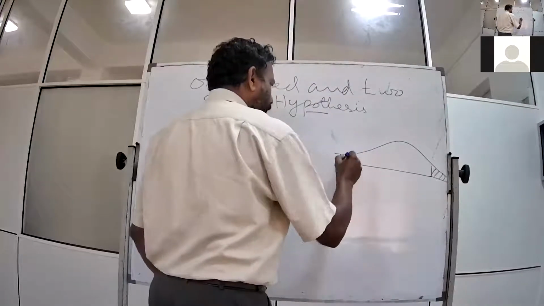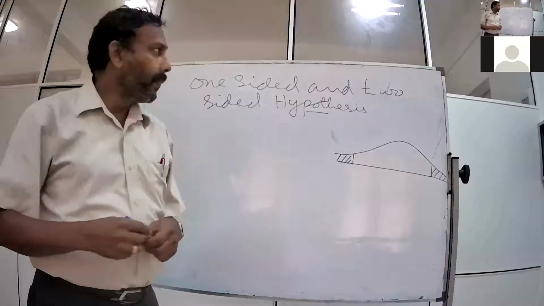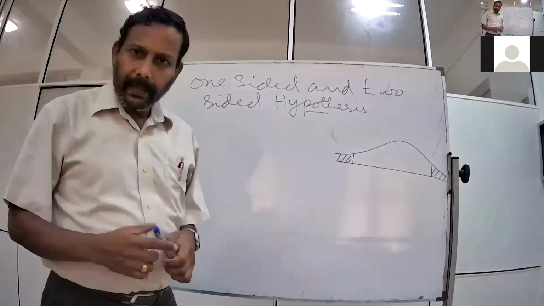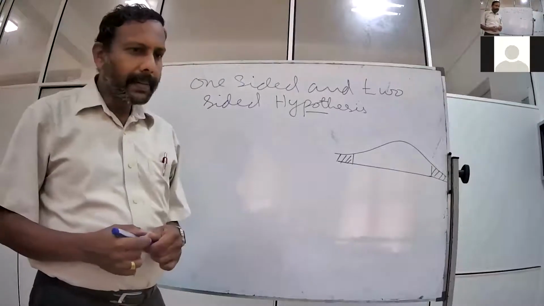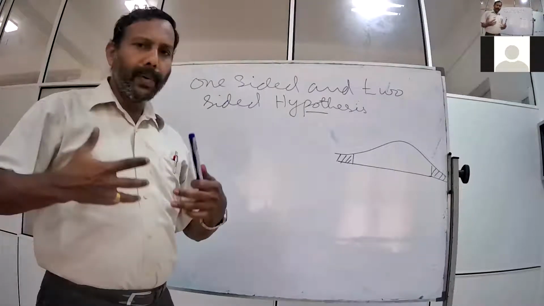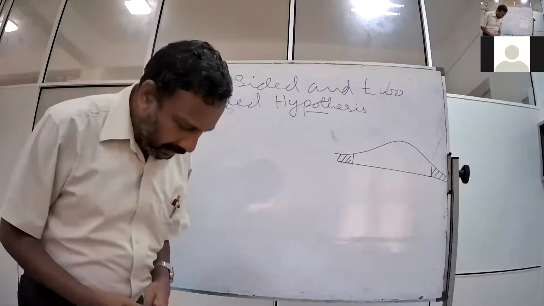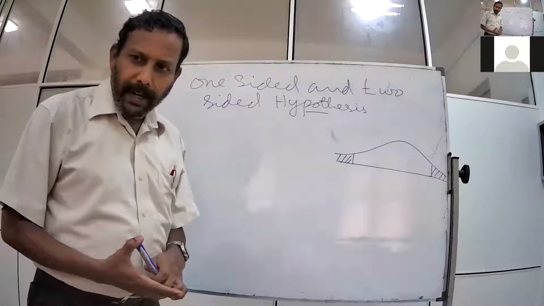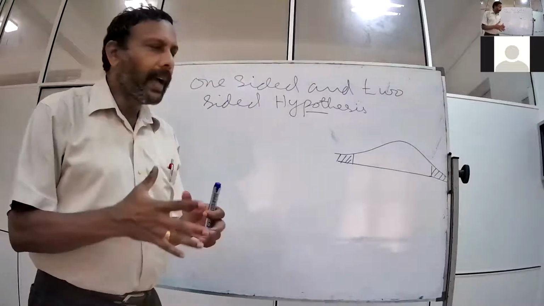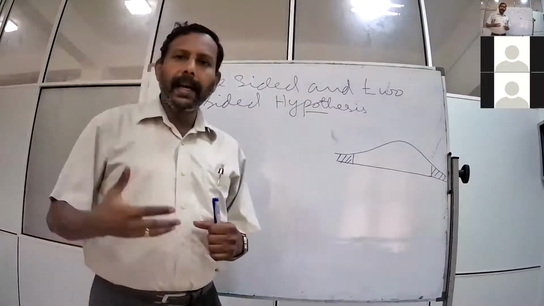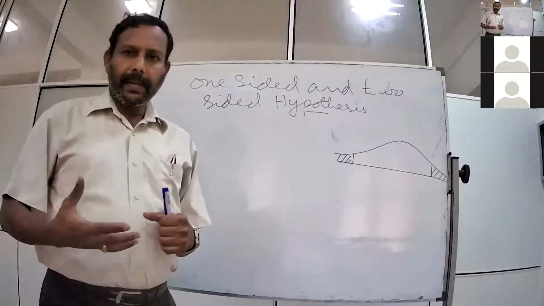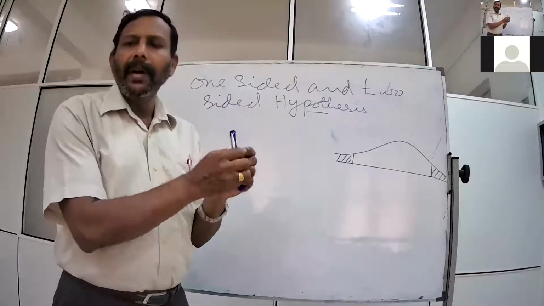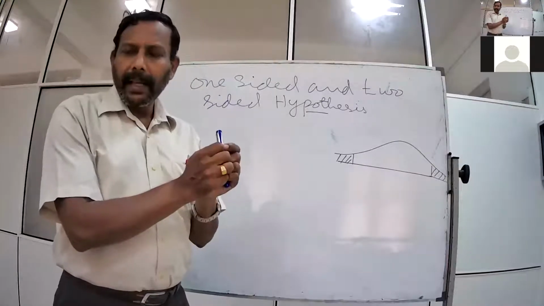If you remember last time, which error is more important among the two errors? The most important error is, anyone? We concluded that it is the alpha error, or we call it type 1 error. So whenever we do an experiment, we concentrate more on type 1 error.